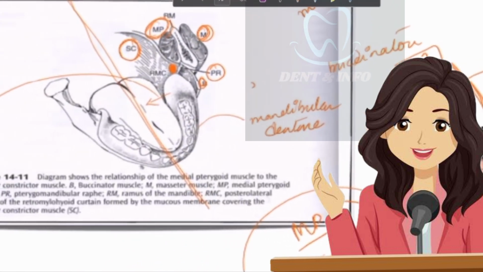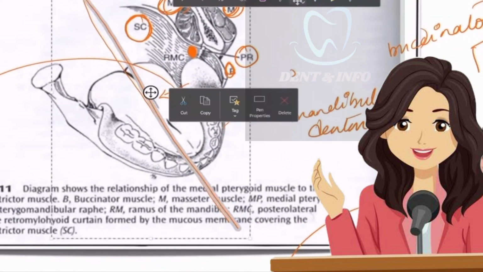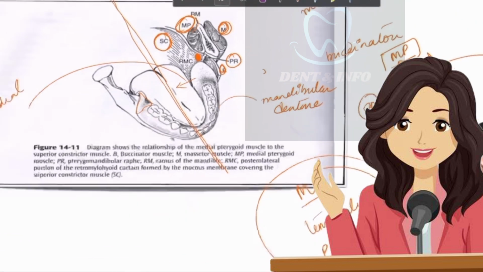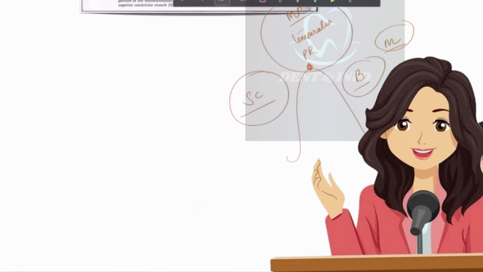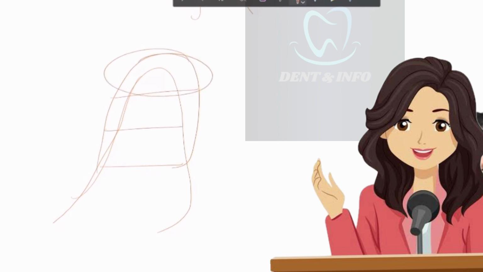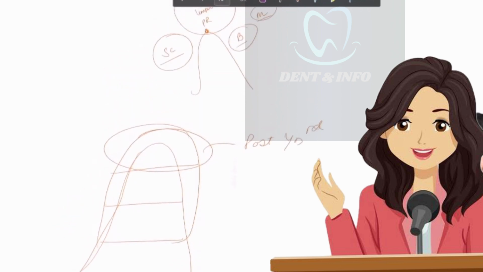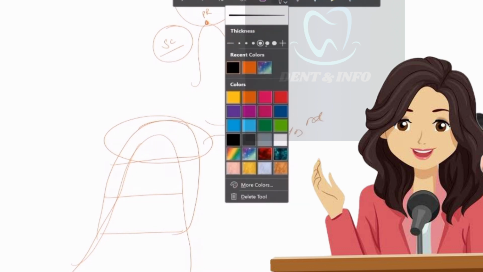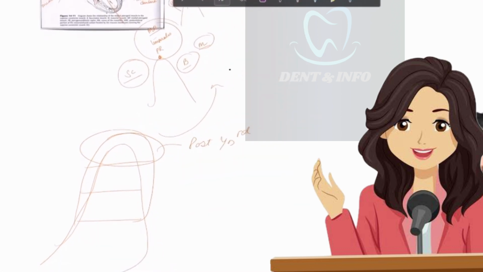This is our retromolar pad area and the distal third, right? This particular region here, this is our distal third. Now, if we take that entire posterior part and divide it into 3 parts, 1, 2, and 3, the posterior 1/3 is the one which is influenced mainly by these muscles and the presence of these muscles.